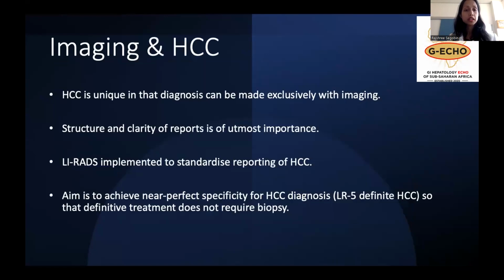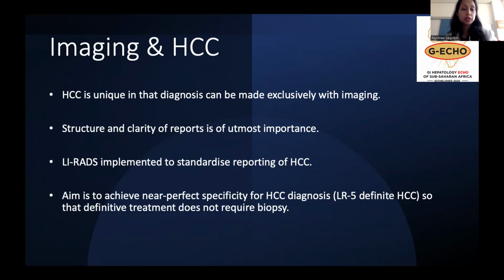So this is where imaging comes into the picture. HCC is unique in that the diagnosis can be made exclusively with imaging. This is why the structure and clarity of reports is often of utmost importance to clinicians who need to take day-to-day decisions about the lesions of patients at risk of HCC.